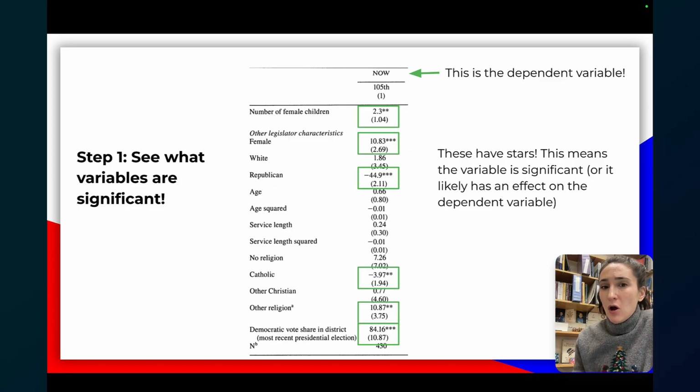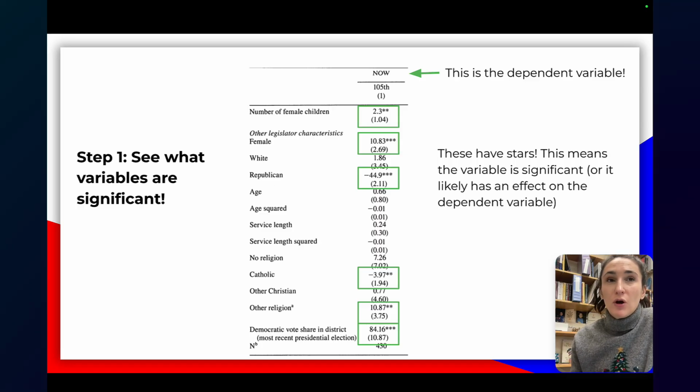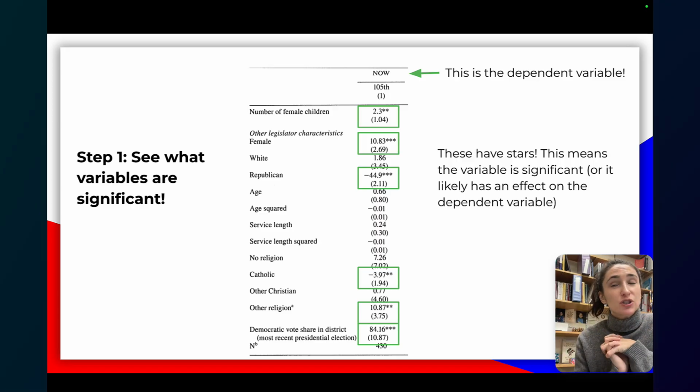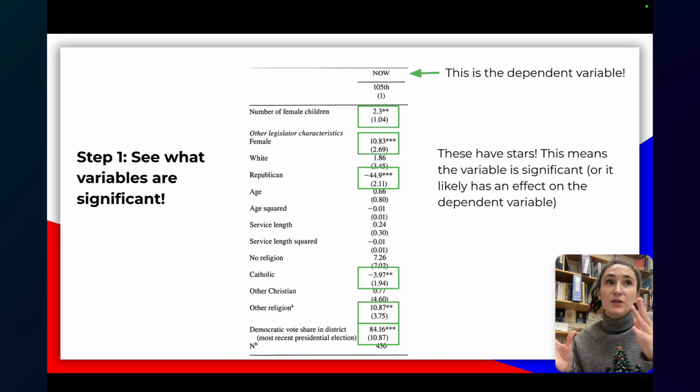Now, from our example for today, from our reading for this week, we looked at the effect of having daughters on legislators' liberalism in how they vote. If you recall from the reading, they look at NOW, which is the National Organization for Women, and then they also have the AAUW, the American Association of University Women, I believe.